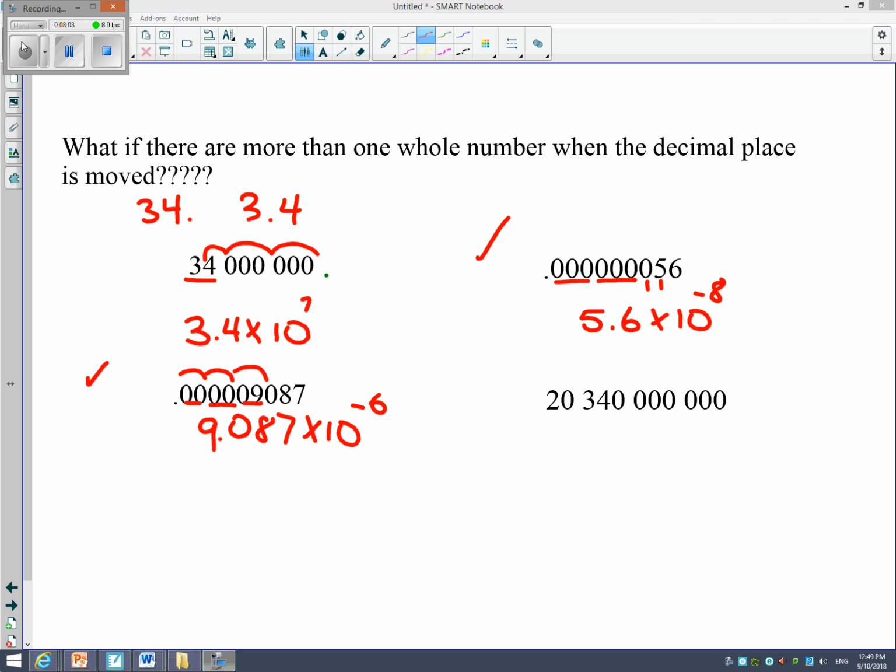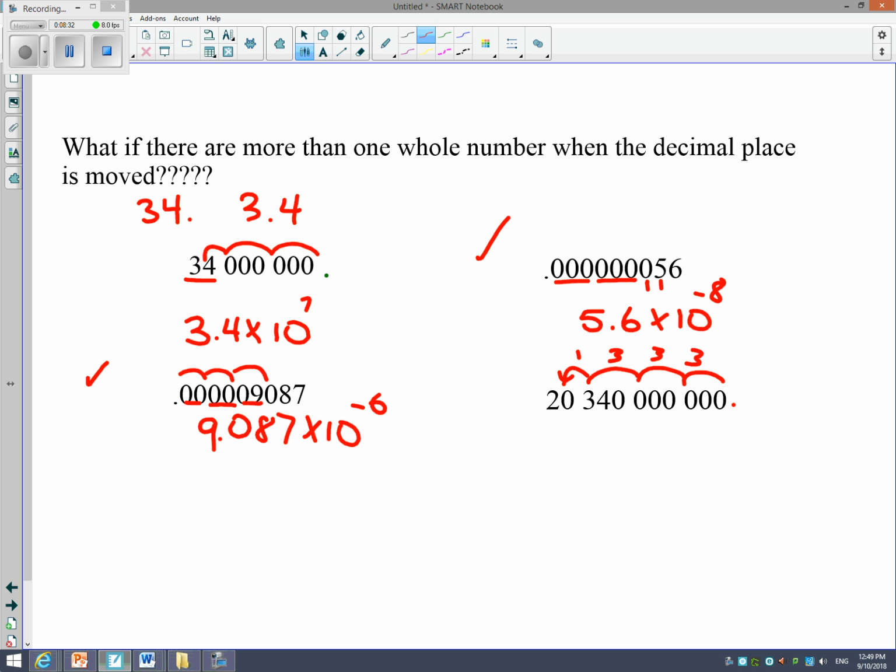Here we have a very large number, 20,340,000,000. And now it's a large number, so that means when we represent it with scientific notation, we're going to be using a positive exponent. We're going to be moving the decimal place that you don't see at the moment, but we know is there. And we're going to move it all the way till it's to the right of the first whole number. Now that means we're going to move it 3 spaces, 3 more, 3 more, and actually just 1 more.